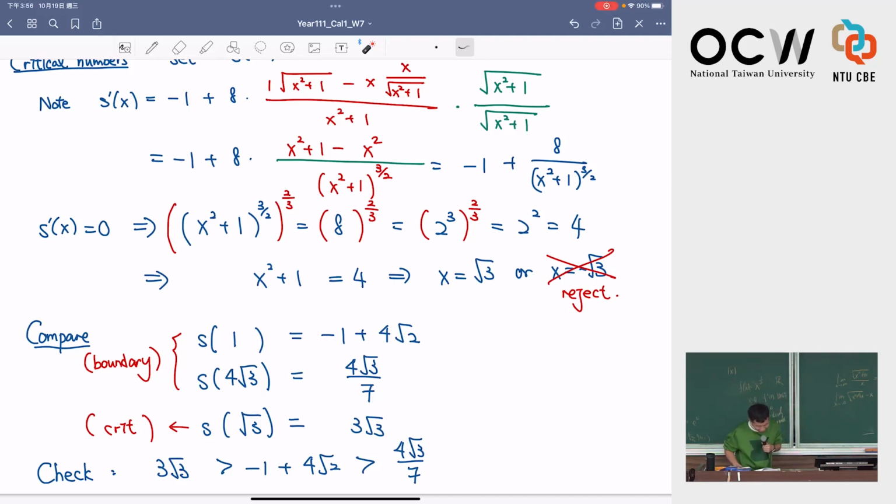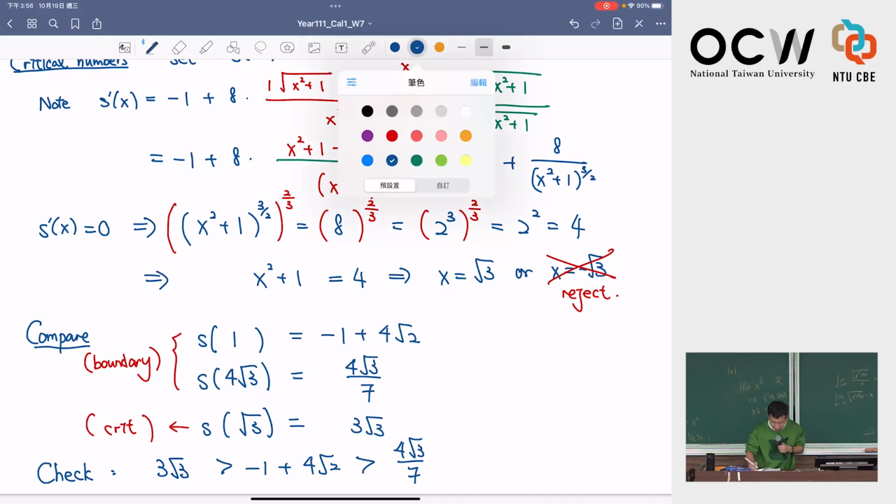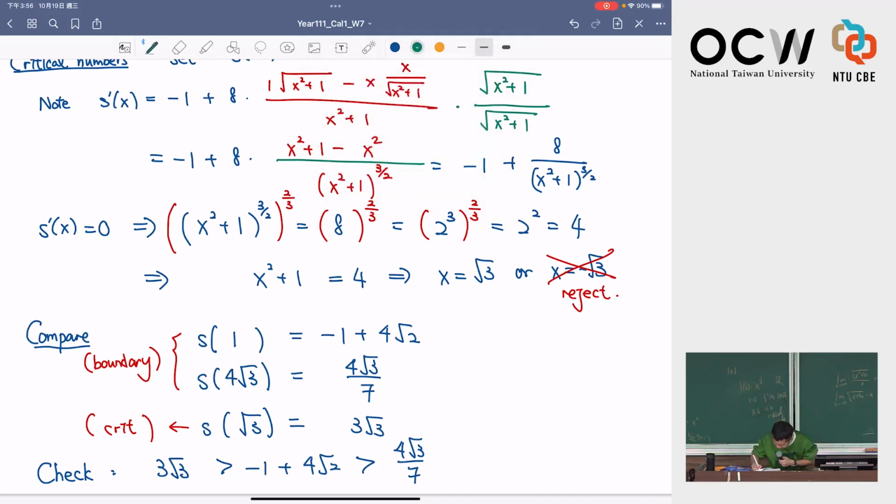I will tell you how to do this without a calculator. So that means that the largest one here, the last one, will give me the absolute or global maximum. And then the middle one will get me the absolute minimum. And we are done.